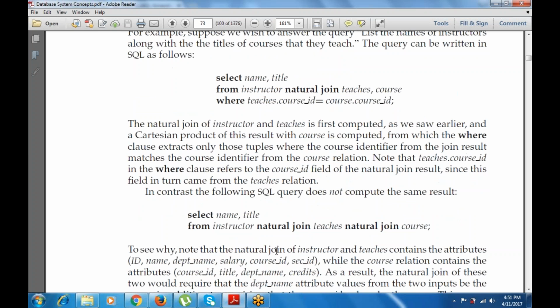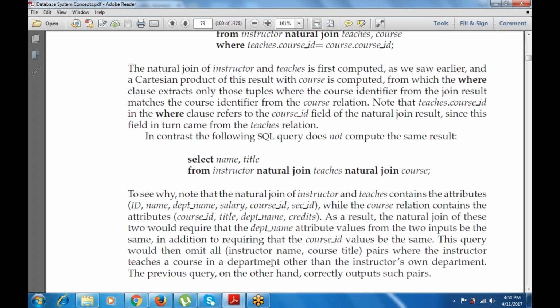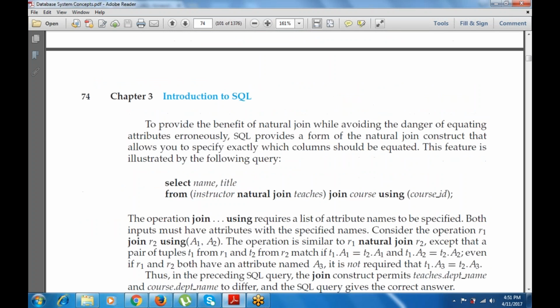This is a query that does not compute the same result. Why? Because we are using the natural join with the same course. Select name, title from instructor natural join teaches natural join course.